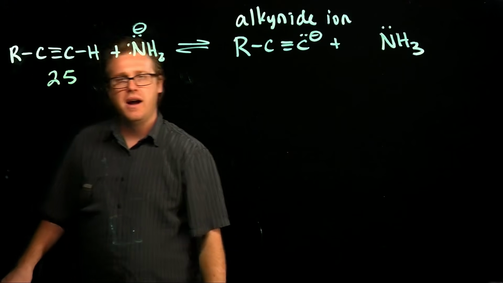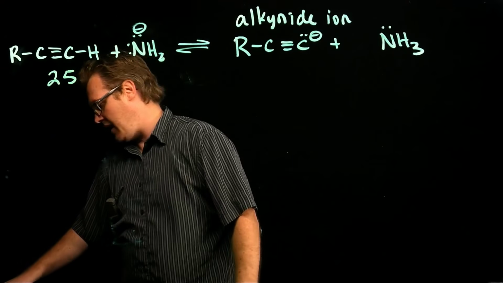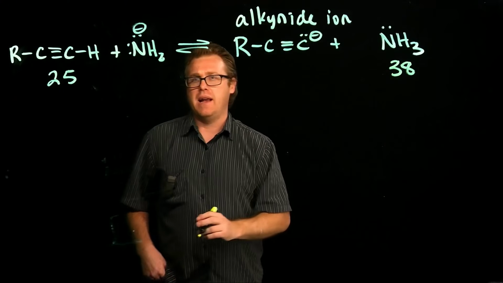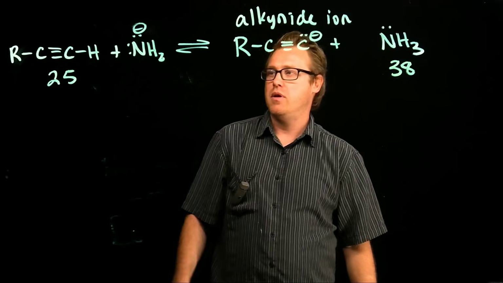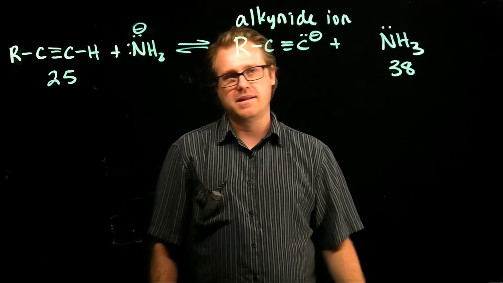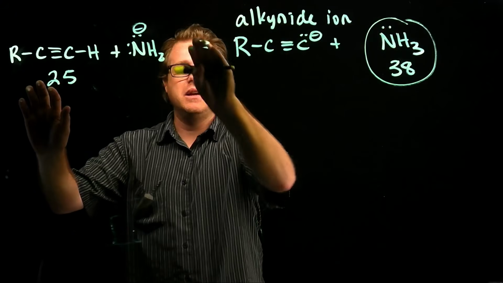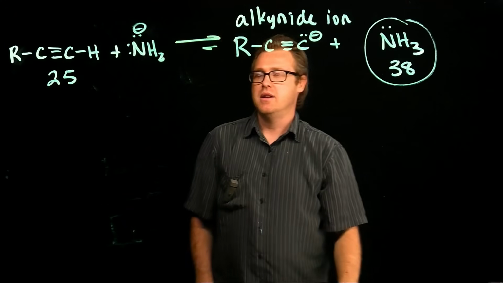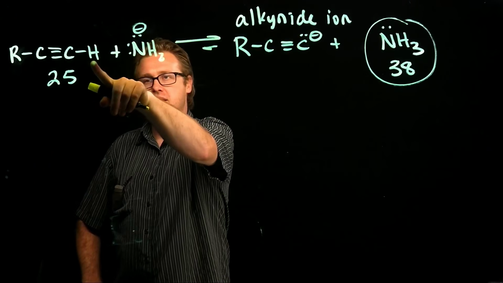Approximately around 25. Look at the conjugate acid over here. What's the pKa of an amine? Approximately 38. So at equilibrium, which side is going to be favored? Well, it's always pointed in the direction of what? The weaker acid. So this is weaker than that acid, so equilibrium is going to favor the products. So that base is strong enough to deprotonate this alkyne.